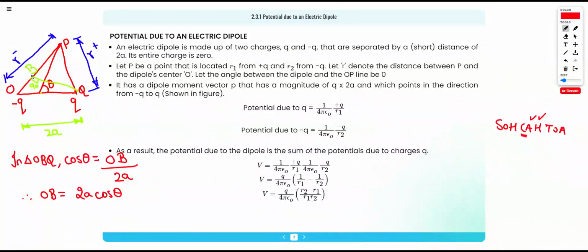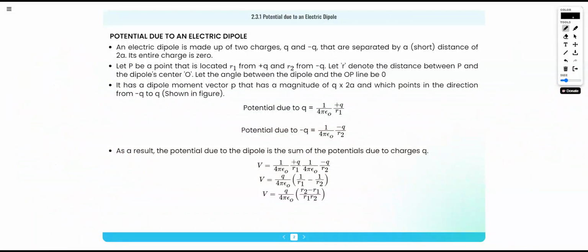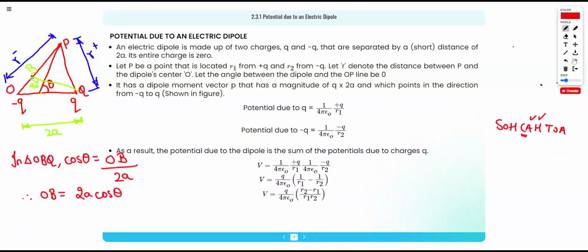So here I'll take the net potential at P. What will be the net potential at P?